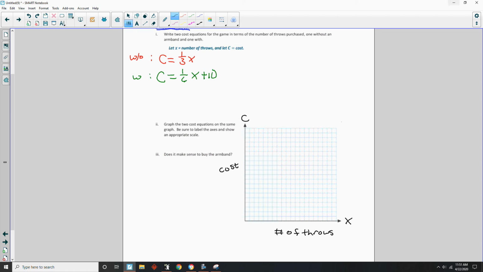Alrighty. So what scale should we use? Multiples of 3 are multiples of 6. So I guess if we did 3, 6, 9, 12, that would make sense. So we can graph this easily, right? The multiples of 3 and multiples of 6, 3s and 6s will work. So we'll go in multiples of 3. Every square across the bottom is worth 3, but I'll just mark every other one because they're too close together.